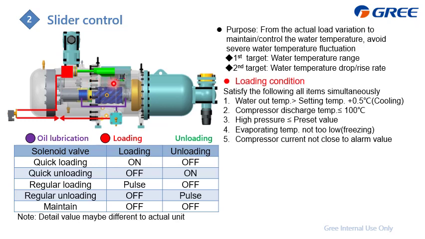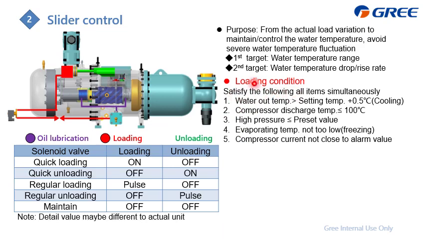But before that, we need to meet all these 5 conditions at the same time to avoid the system malfunctioning and also to ensure customer comfort. And here is the loading condition.